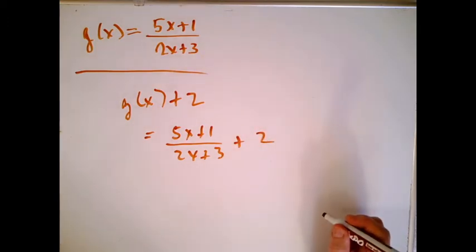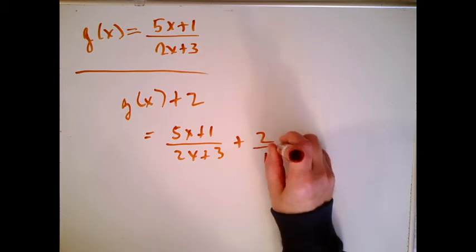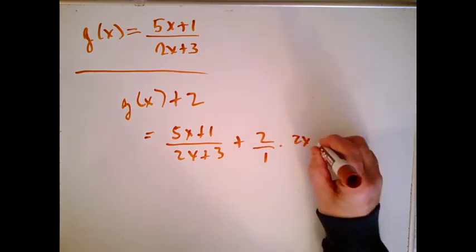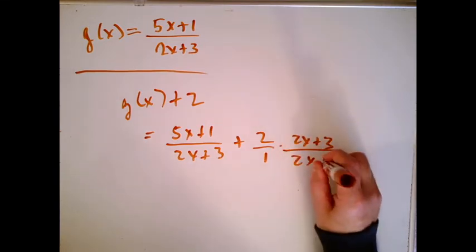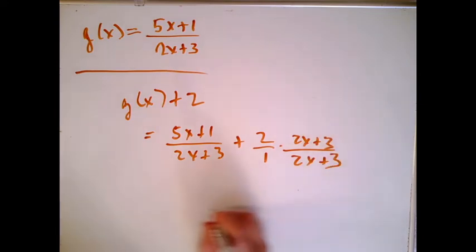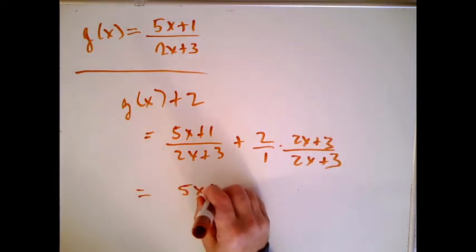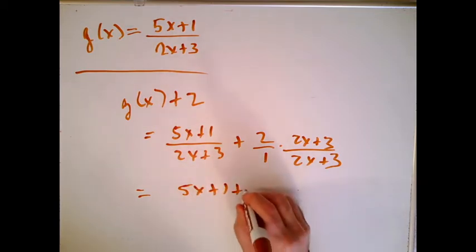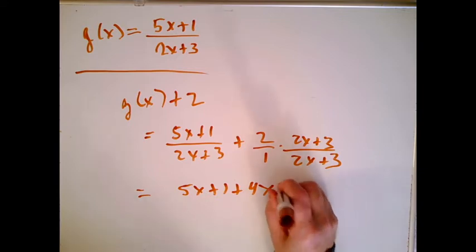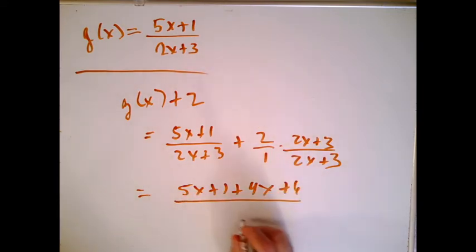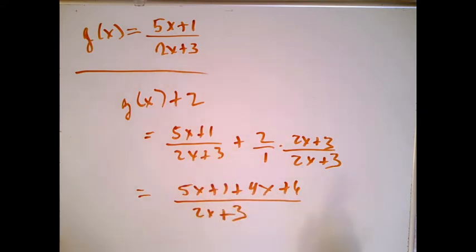I want to get a common denominator. The common denominator is 2x plus 3. So I'm going to multiply this 2 over 1 times 2x plus 3 on the top. And then 2x plus 3 on the bottom. And writing out all the little work, we're going to get 5x plus 1 plus 4x plus 6, like this, all over 2x plus 3, like that.